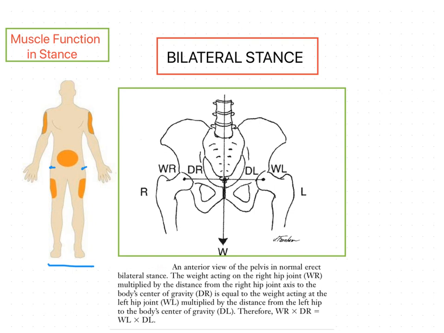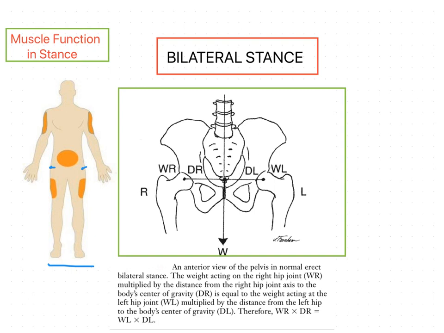Here we are discussing the forces acting on the hip joints to maintain the neutral position in bilateral stance, in the sagittal plane as well as in the frontal plane.